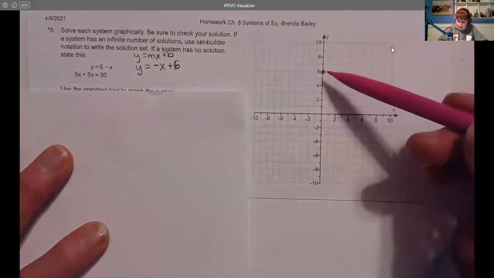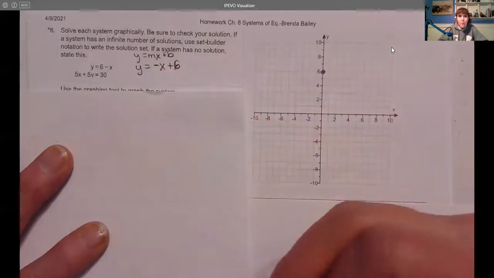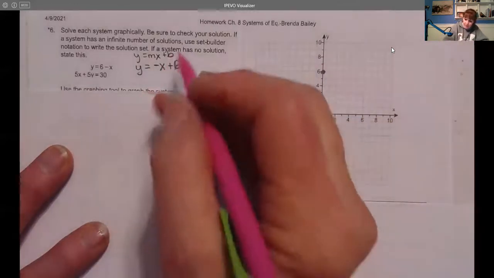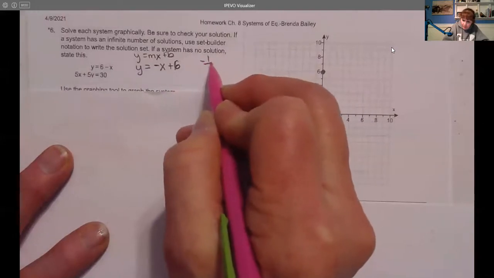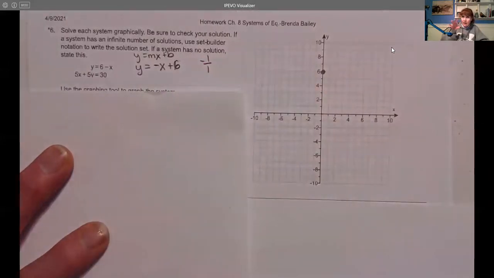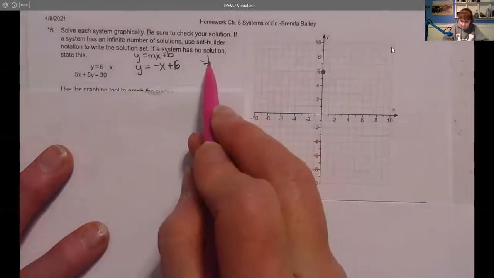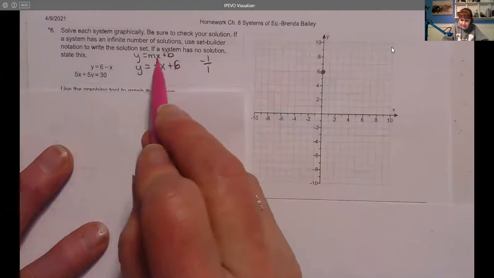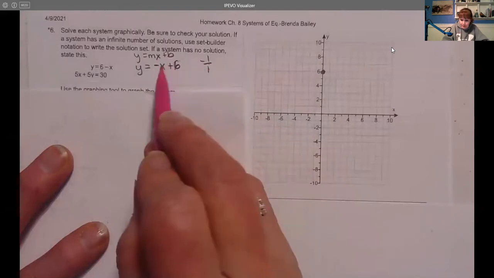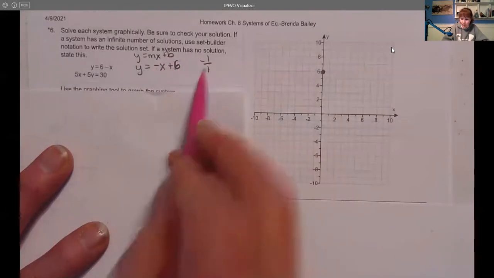And then the slope is a -1. We put our whole numbers over 1 so that we have that ratio of rise over run. But when we write it, we drop the 1. To graph it, we put the 1 back in.